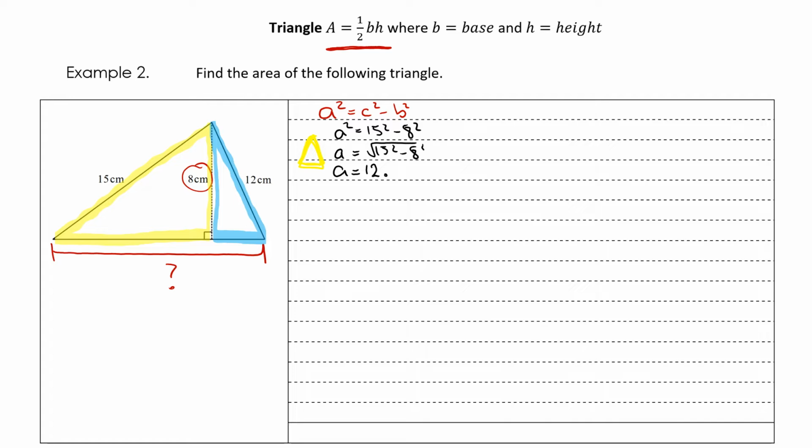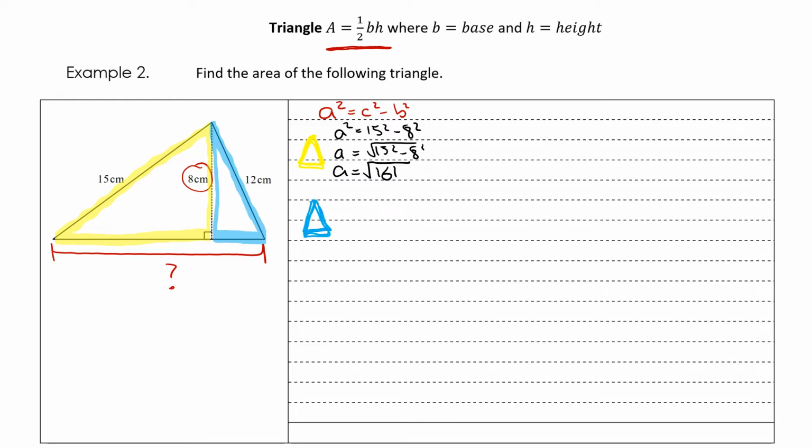Actually, because we're going to be multiplying these numbers, we really don't want to round. So let's just figure out what is under the square root. 15 squared minus 8 squared is 161. So we'll just leave that as the square root of 161. And we don't want to round anything until the end. Okay? So next, let's do the blue triangle.